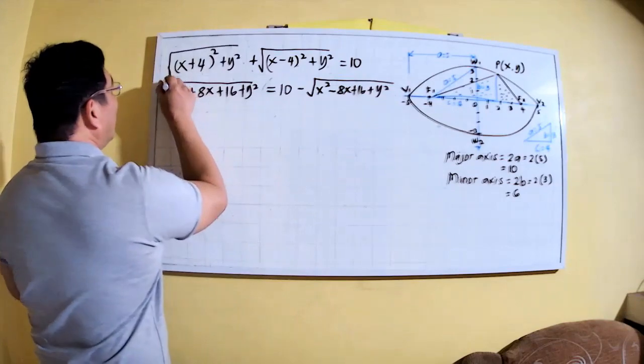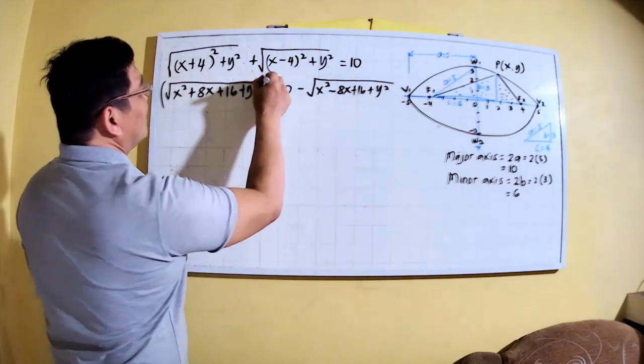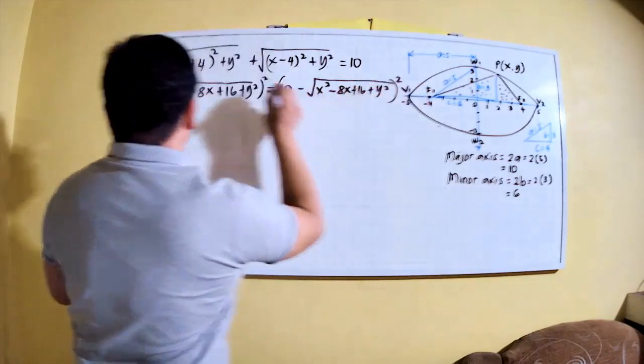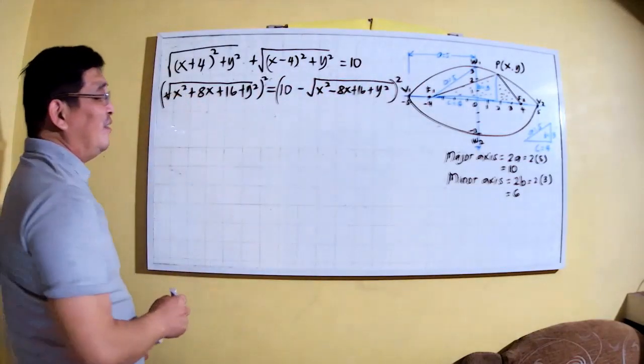And then square this, and we can remove the radical sign here.